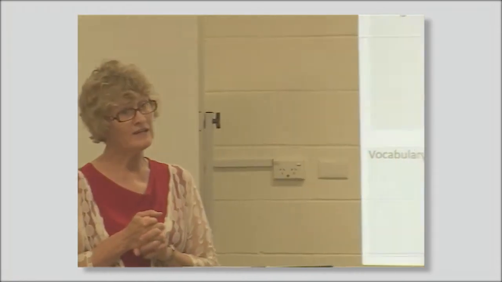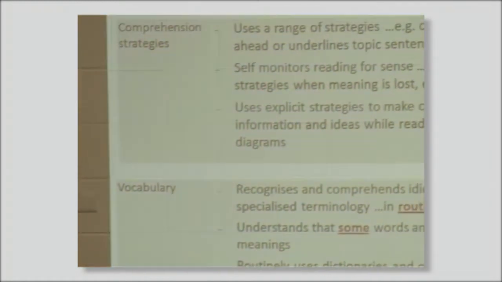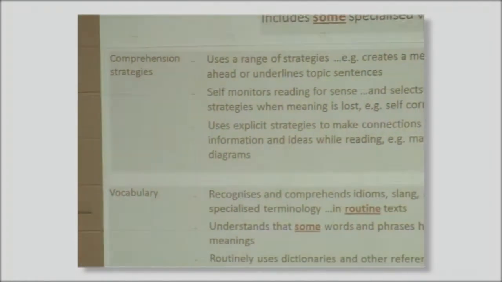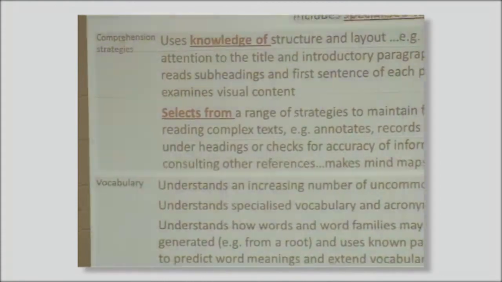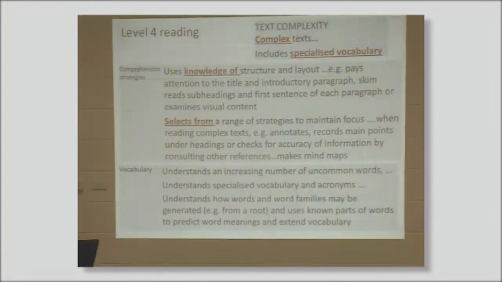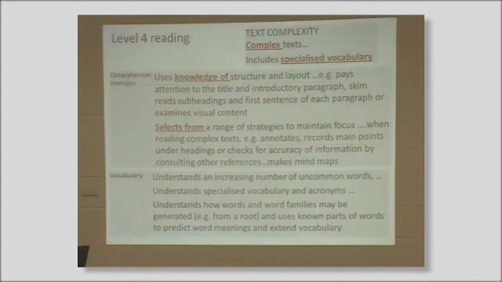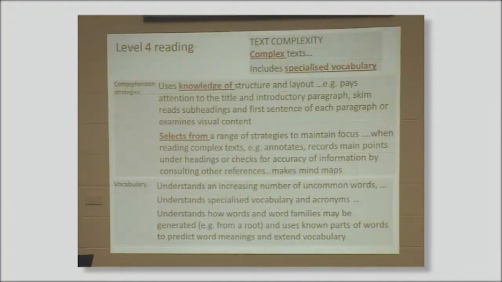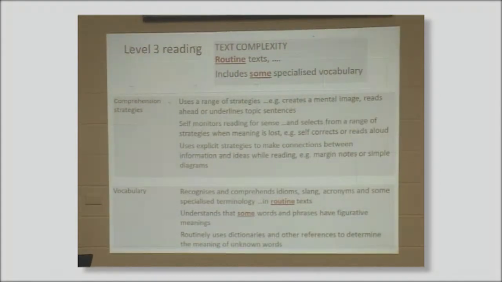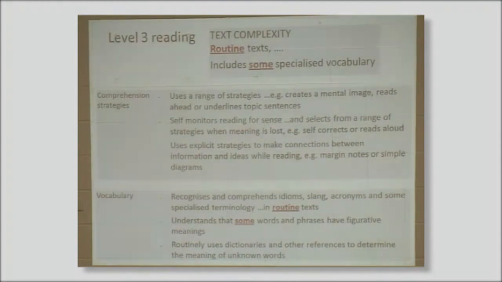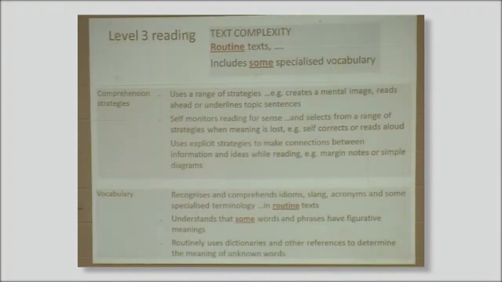So the average reader in the group will be able to read routine texts. This is a complex text. The safety data sheet you're giving them is a complex text. They are going to know how to deal with some specialised vocabulary.